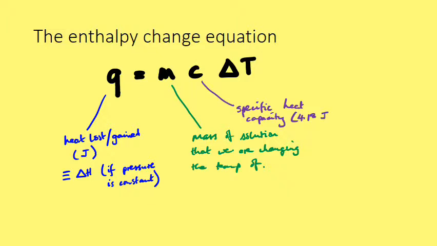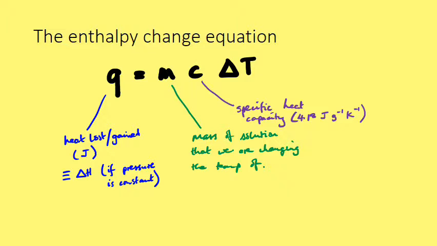So all that means is that when you burn some fuel, you're going to heat some water. So for every gram of the water that you're heating up, it's going to take 4.18 joules to heat that 1 gram of water by 1 degree Kelvin.